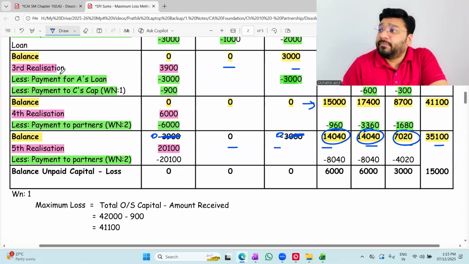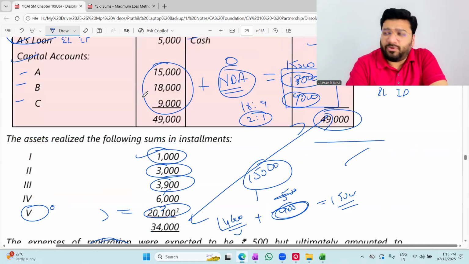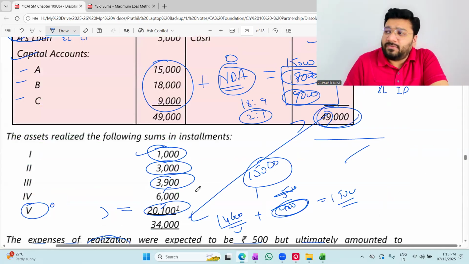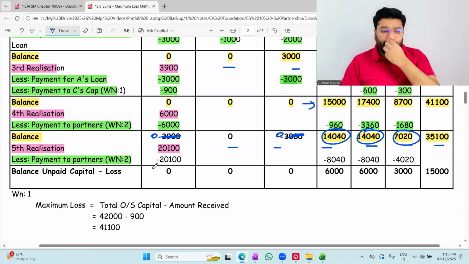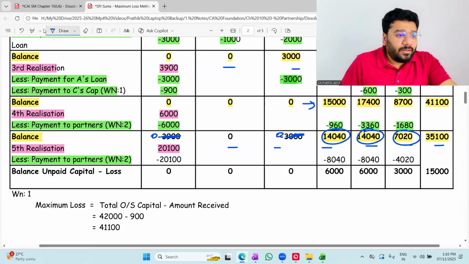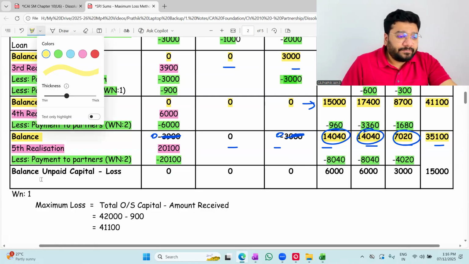I'm just telling you, this is not required. This is for your knowledge. I'm telling you, 49,000 worth of asset, you realized 34,000. So there's a loss of 15,000. Now payment 20,100 done: 8,040 for A, 8,040 for B, 4,020 for C. Now, what is the balance still yet to be paid?